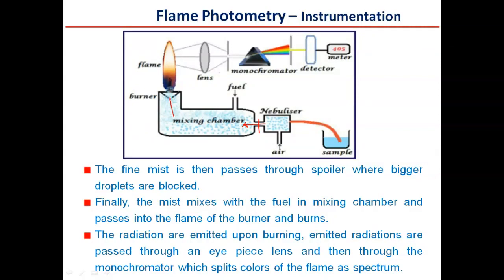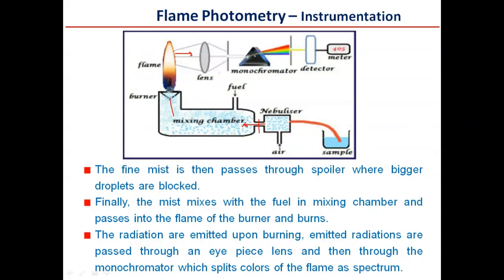Once it burns, the radiations are emitted upon burning the mixture. The emitted radiations are passed through the lens, that we can say eyepiece lens, and then through the monochromator which splits the color of the flame into the spectrum.